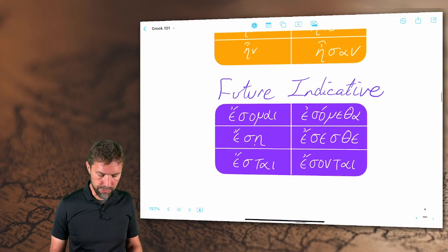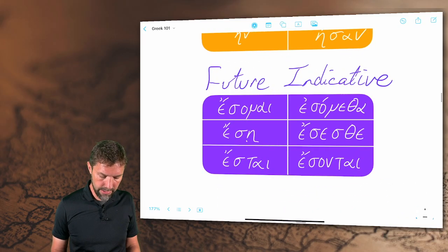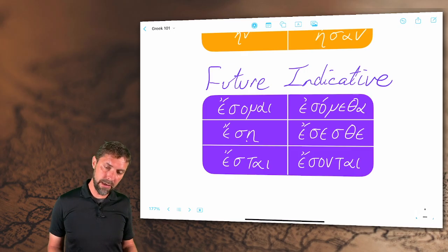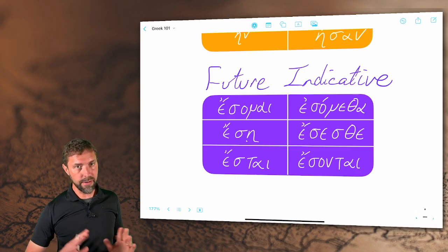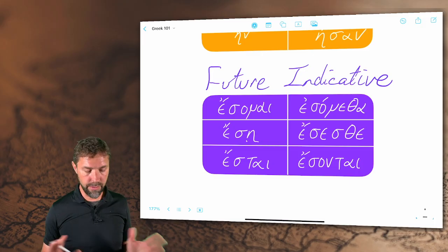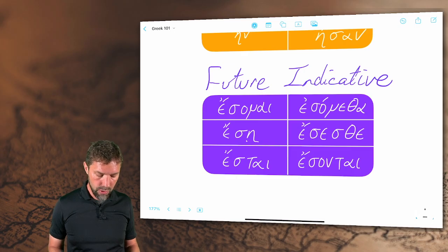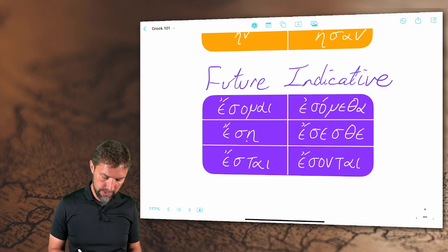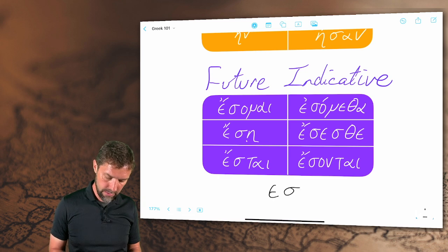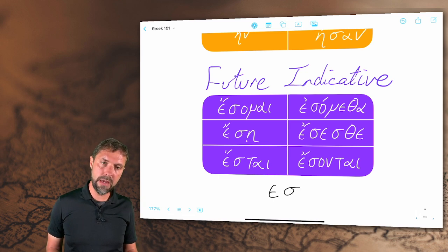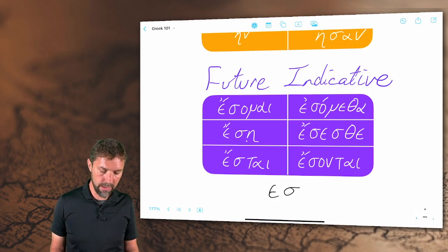Okay, well, here's the future. Esomai, esē, estai, esometha, esesthe, esontai. And the nice thing about this one, eimi is very much a variable verb. It's very inconsistent. But in this case, you can actually just use the stem s, stick on the primary middle passive endings, omai, ē, etai, ometha, esthe, ontai, with your connecting vowels, and you've got the chart.